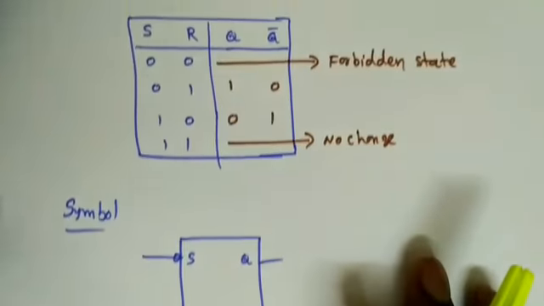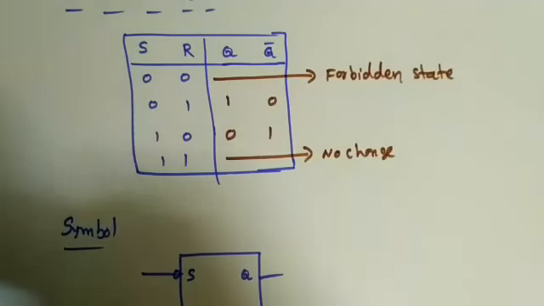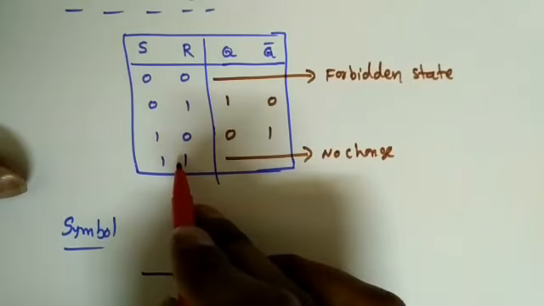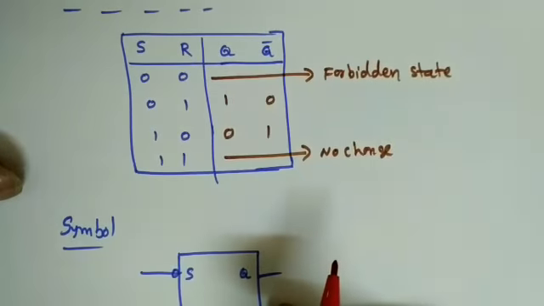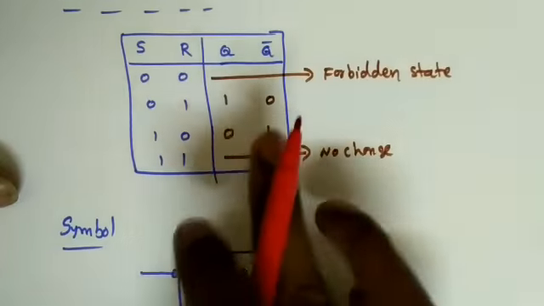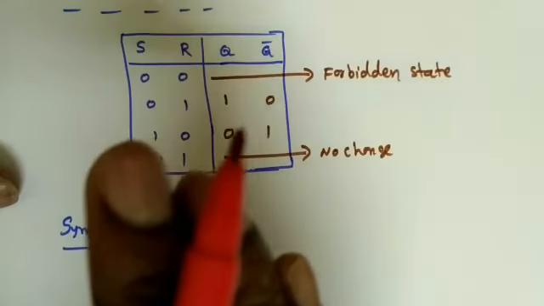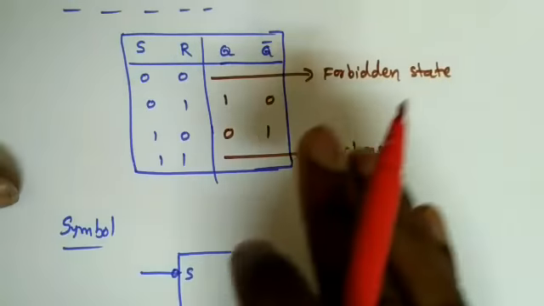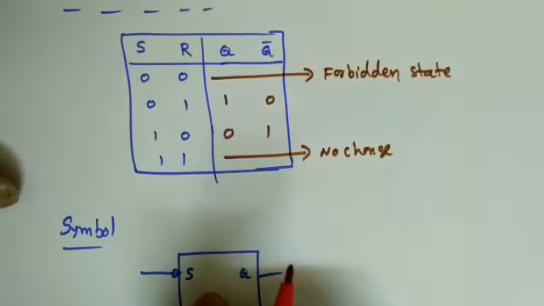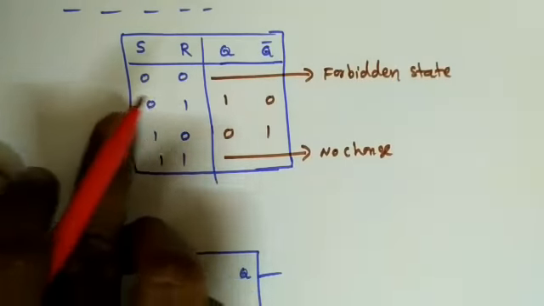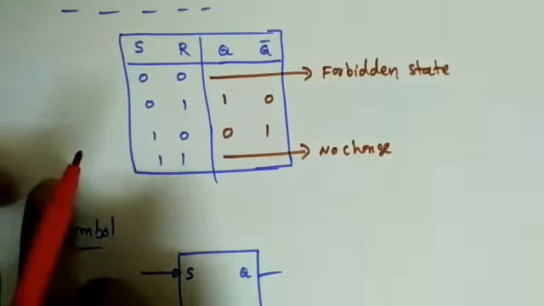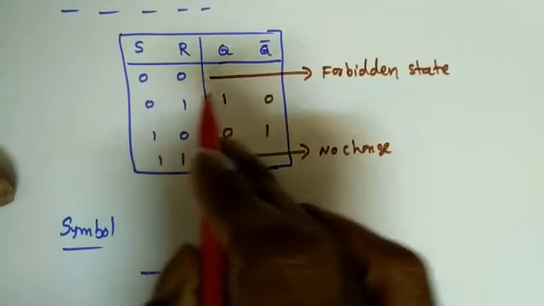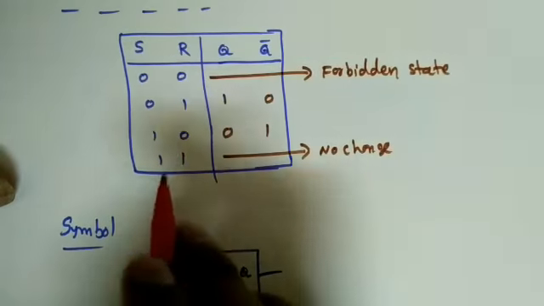Now one more conclusion we have to draw here is, suppose if I give 1 1 in this SR latch using NAND gate, the output does not change. So whatever the state, it will be in that state only, indefinitely, unless we provide some extra external input. So if I apply 0 1 only, then only the state will change.